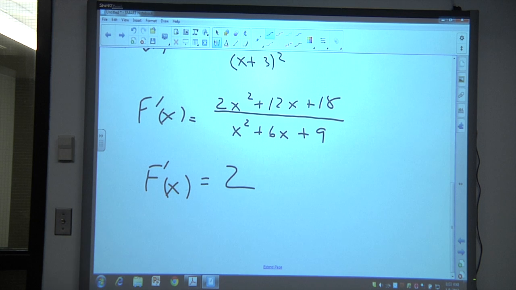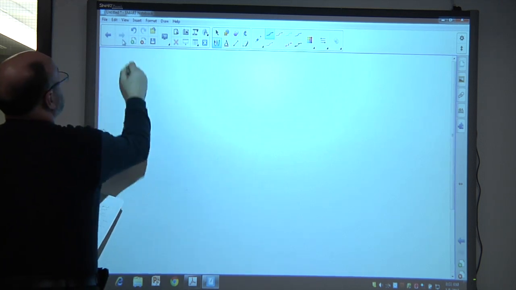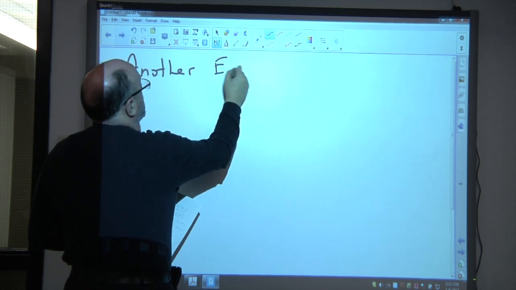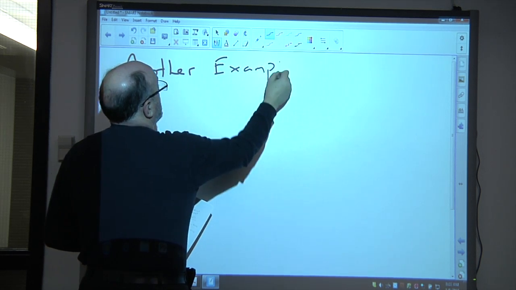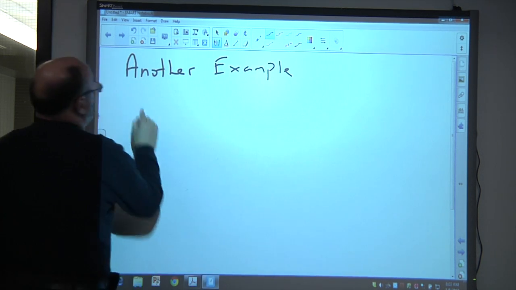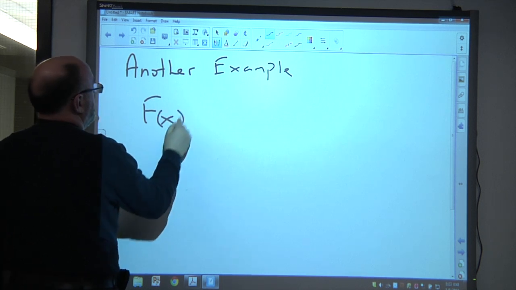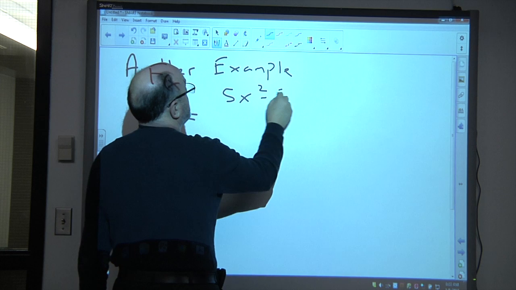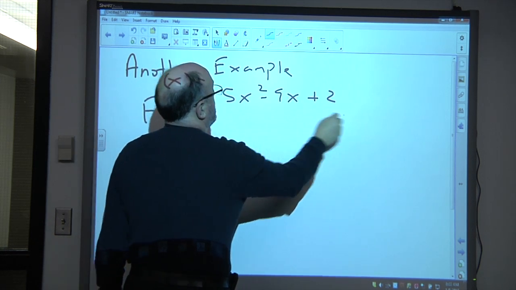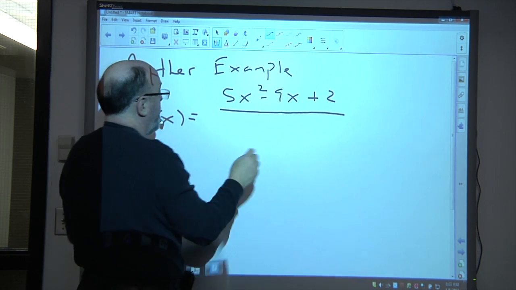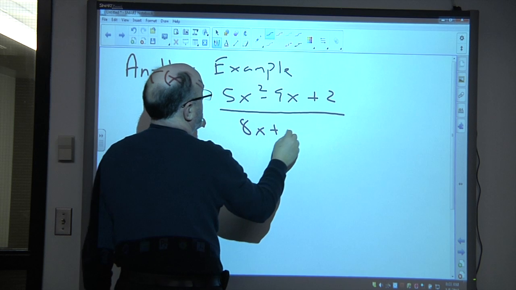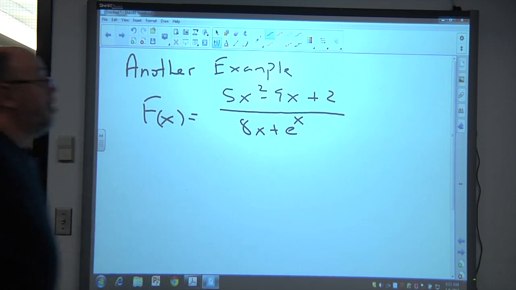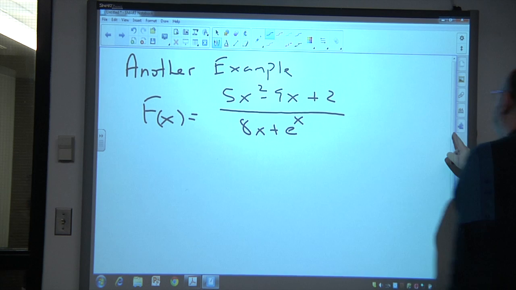So let's do another example. And so this one, let's have this. We'll have 5x squared minus 9x plus 2 over 8x plus e to the x. So again, we'll divide it out into our pieces.